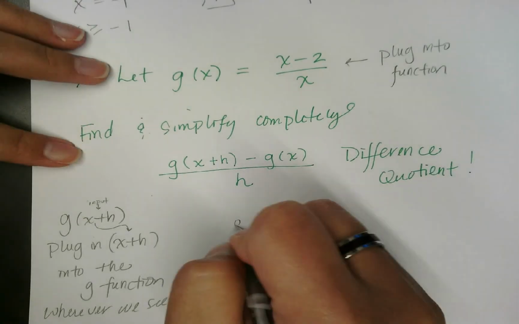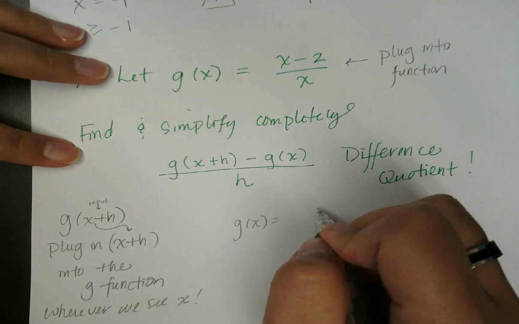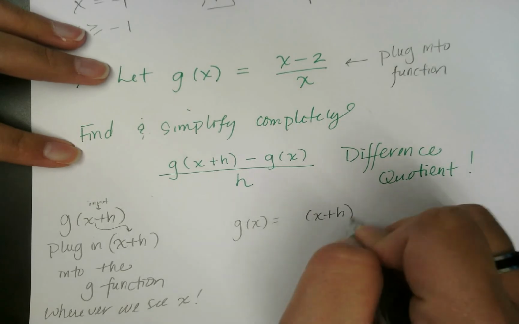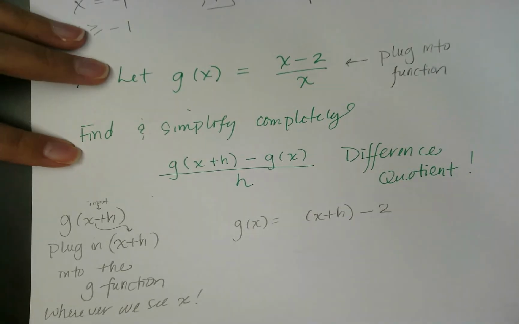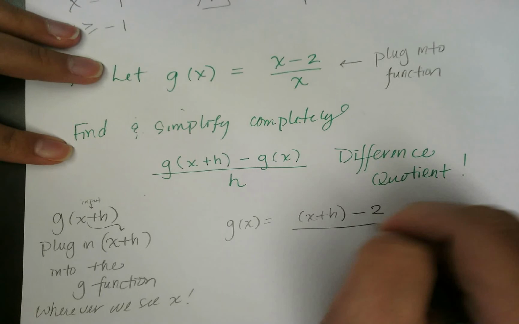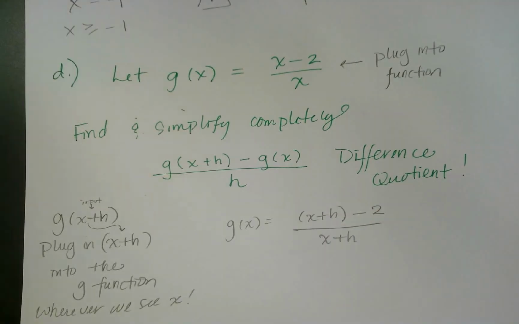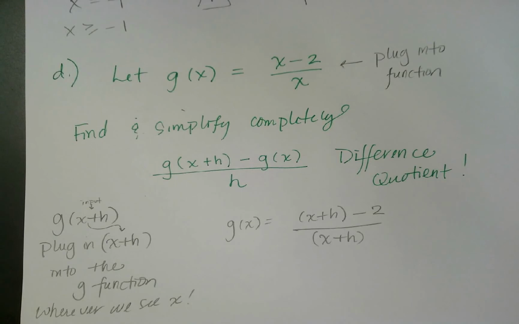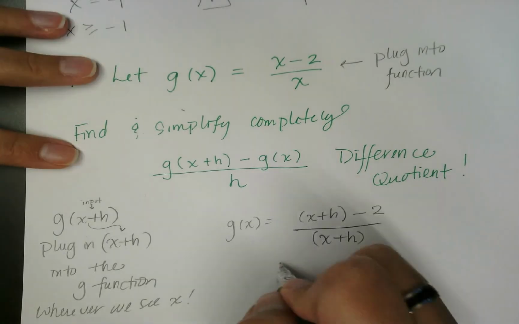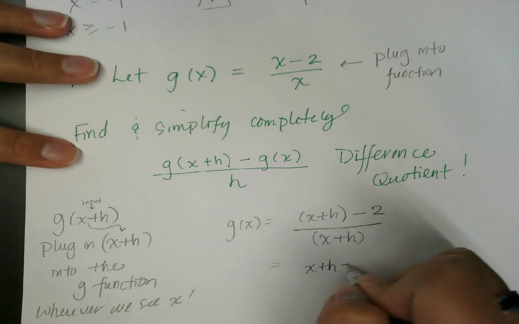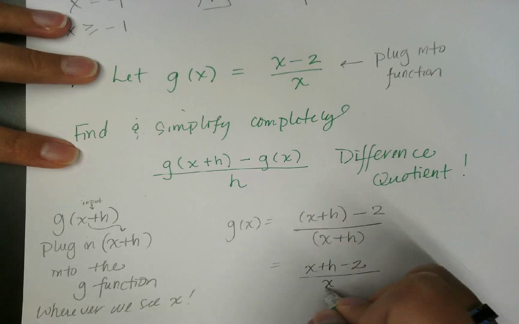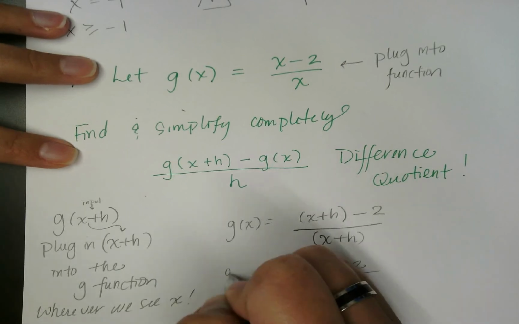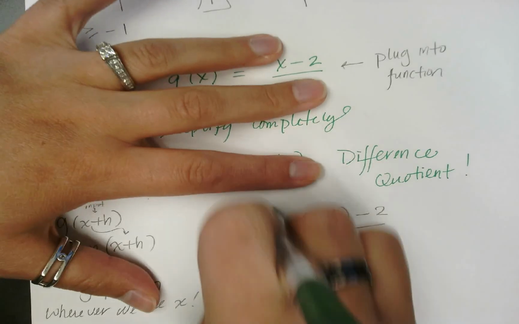Alright, I'm about to do that. It's going to be real fun. x plus h minus 2, in parentheses, all over x plus h, wherever I see the x. I'm going to clean that up. Not much to clean up. I can drop the parentheses because there's no multiplication going on anywhere. There is my g of x plus h.